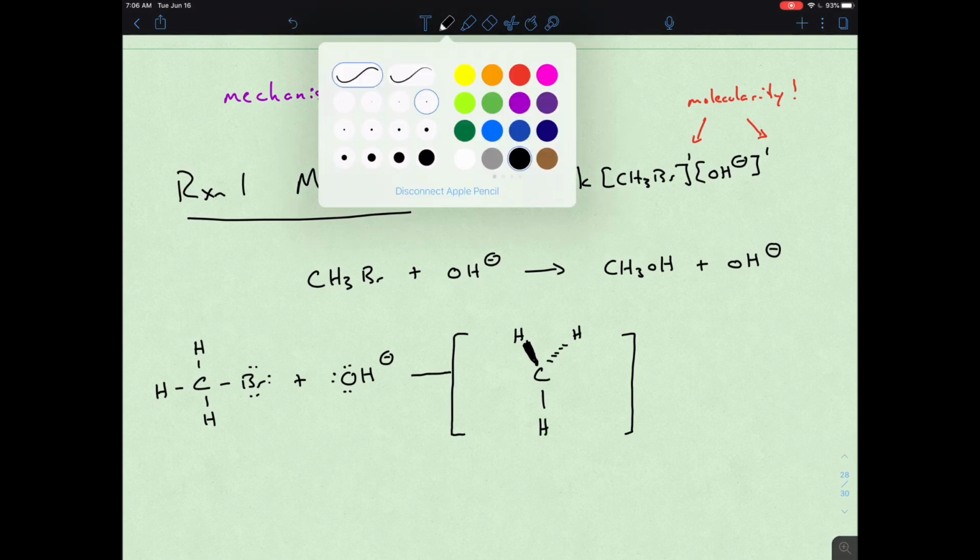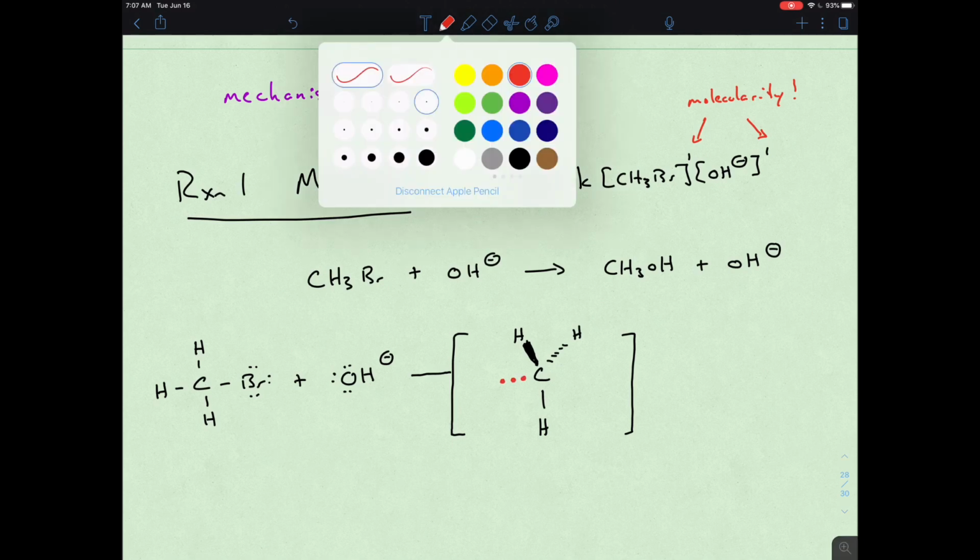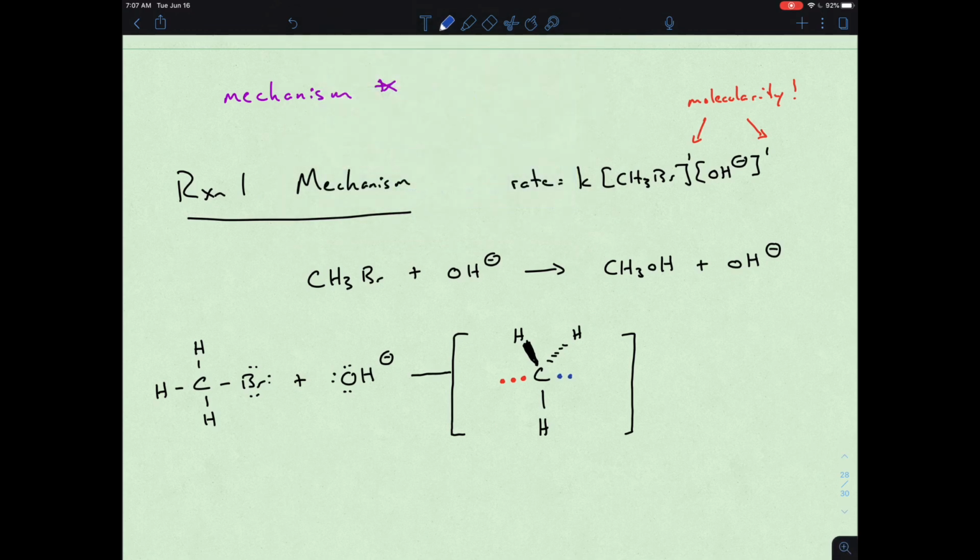And what I'm trying to show here is that we're going to see breaking of one bond and formation of another. So you have your hydroxide on one side, and you have your bromine on the other. And what we're seeing here is bond breaking. And on the right side, we see our bond forming.